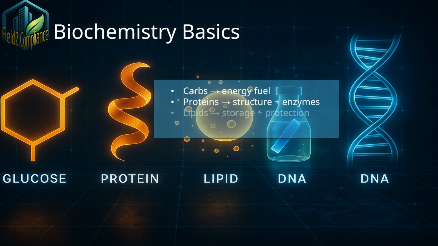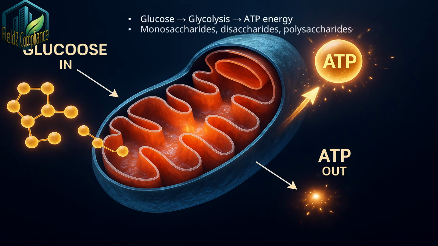Biochemistry connects chemistry to life, from glucose in your blood to the energy in ATP that fuels every muscle. These processes drive metabolism, safety psychology, and health monitoring. Carbohydrates are your energy source, sugars and starches that break down into glucose.